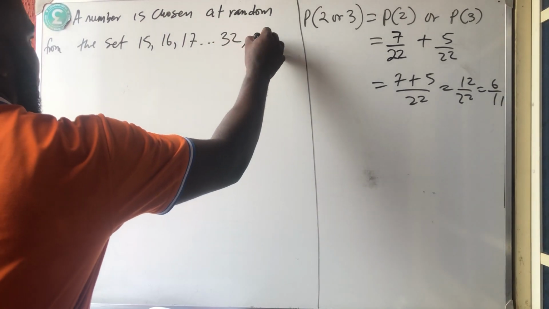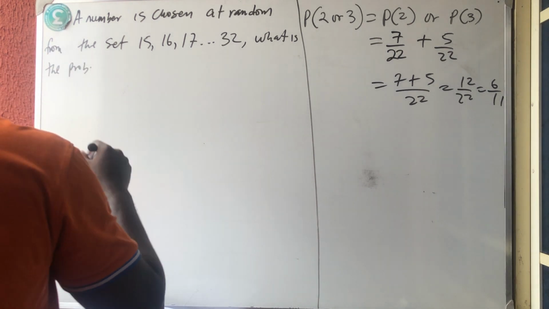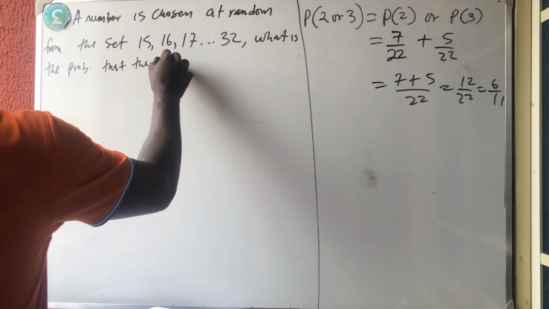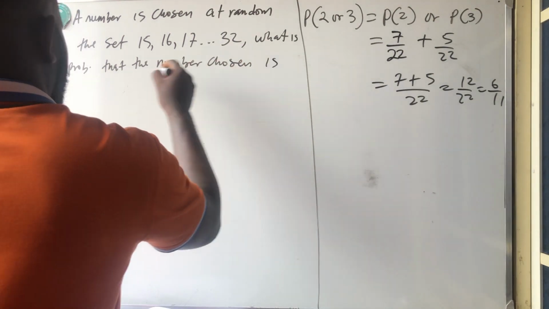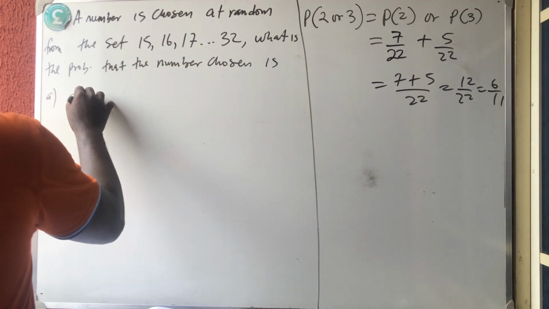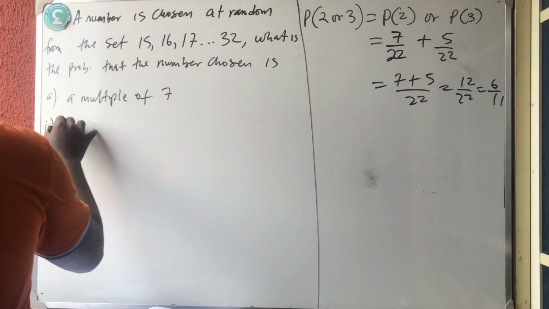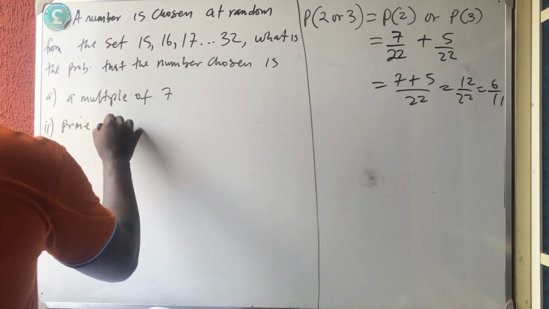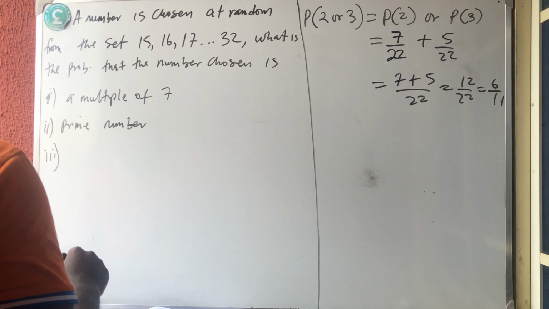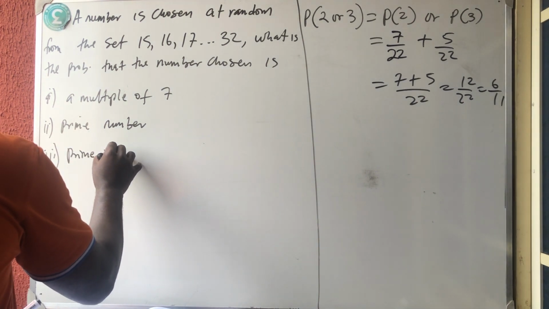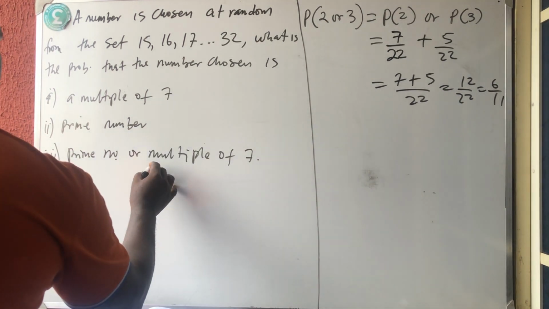Then I ask, what is the probability that the number chosen is A, a multiple of 7; B, a prime number; C, a prime number or a multiple of 7? Solution.